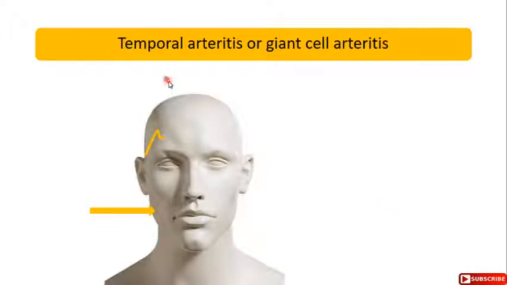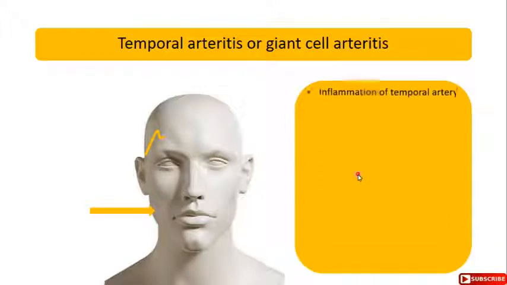The next one is temporal arteritis, also called giant cell arteritis. So in this diagram you can see the temporal artery and also this arrow which is pointing to the jaw. So you will see why. So what is temporal arteritis?